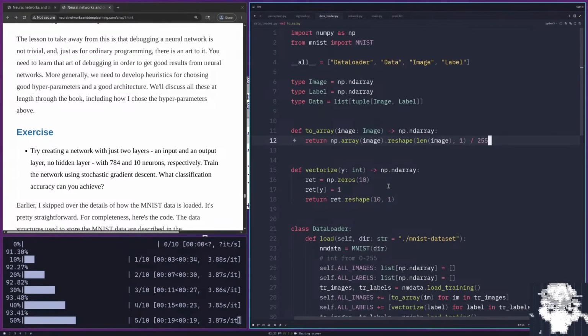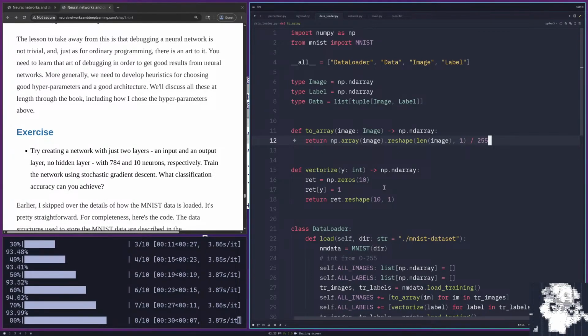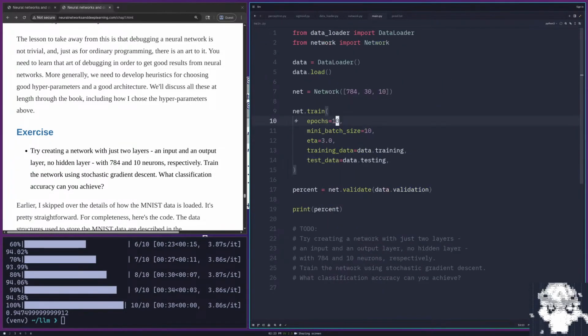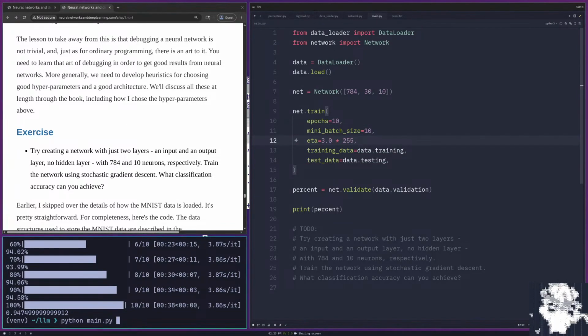Maybe it just messes up the hyperparameters, where like I would need my eta to be bigger or maybe smaller if the inputs are going to start so big. Let's try that. So let's go back here. Let's say eta is 3 times 255. So way bigger because the inputs are way bigger.